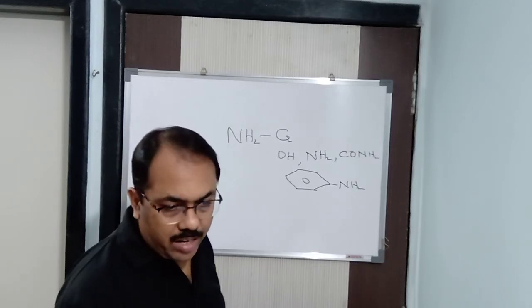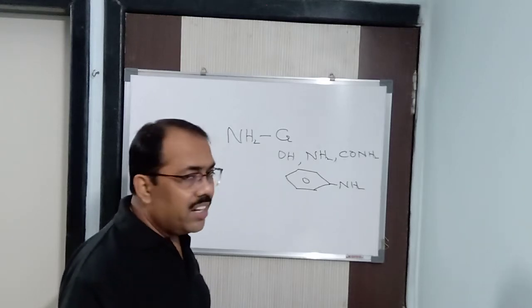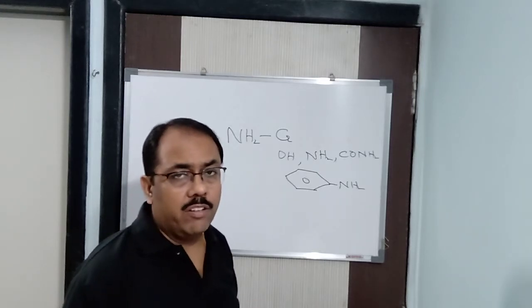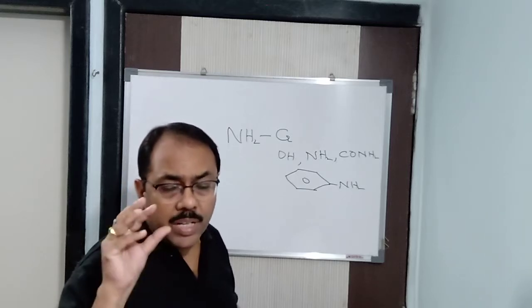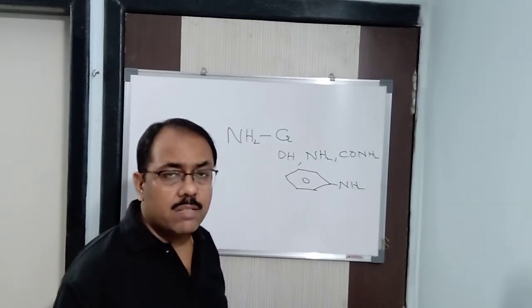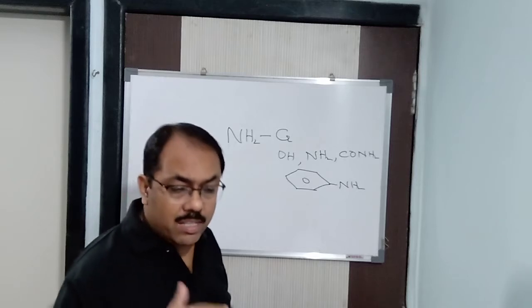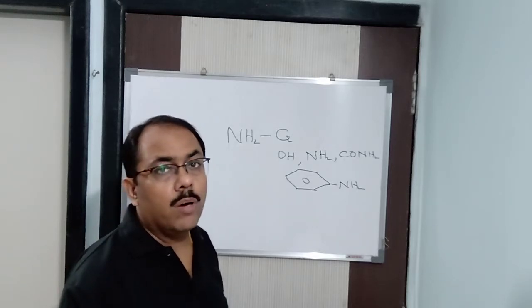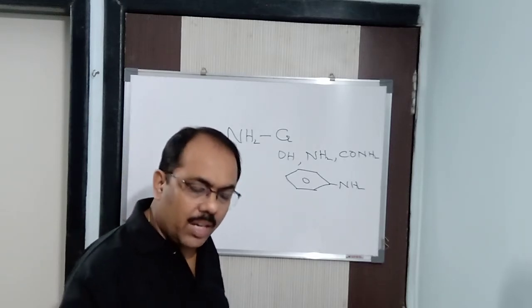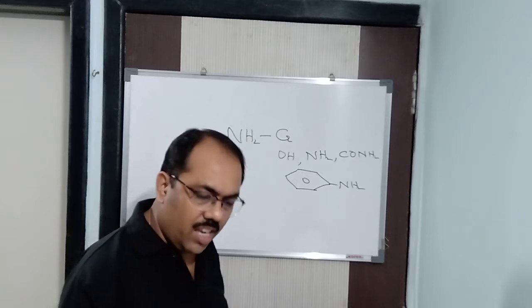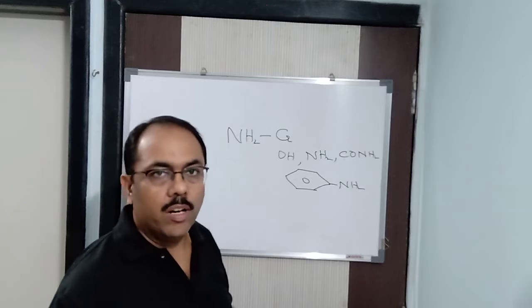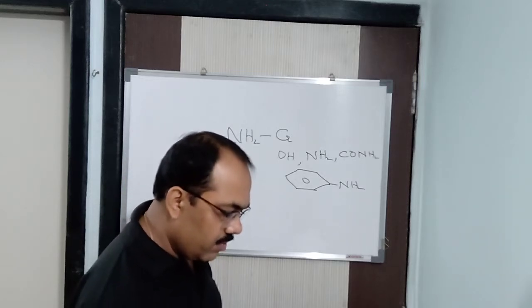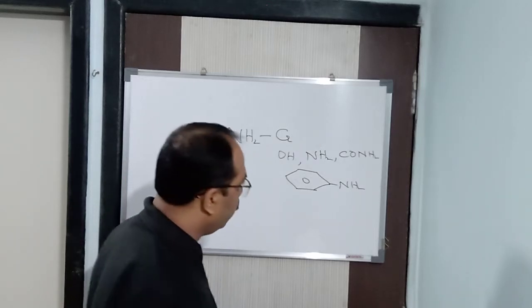It reacts with aldehydes and ketones, with a carbonyl group, and forms a condensation product. This is not a stable product, hence it loses a water molecule to form a stable product. This is the mechanism of the reaction. For that reason we say nucleophilic addition reaction with elimination of water.